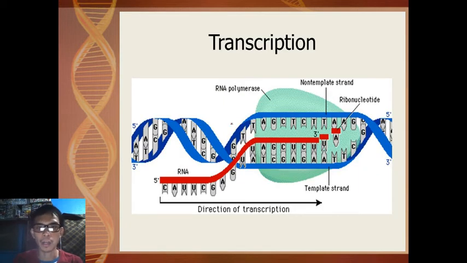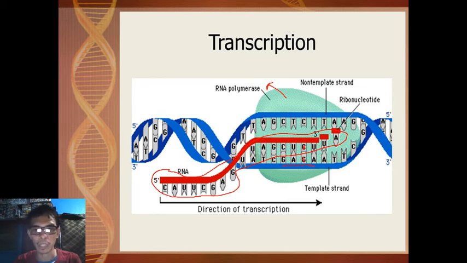Next, another diagram for the transcription process. There you go. This is your RNA polymerase. As the RNA polymerase zips down the stretch of DNA, it creates your mRNA strand over here. If this strand is copied by the RNA polymerase, it must have a complementary base on your mRNA.